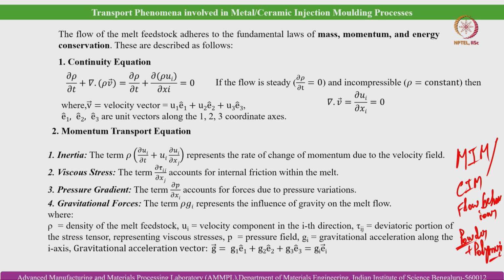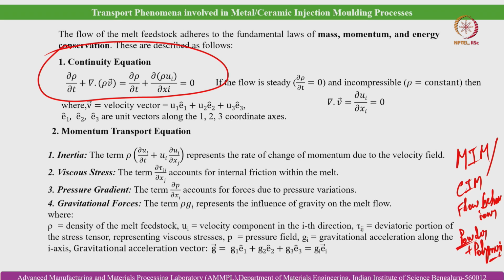We need to start with the continuity equation when there is no mass exchange. The equation takes the following form: ∂ρ/∂t + ∇·(ρv) = ∂ρ/∂t + ∂(ρu)/∂x = 0. If the flow is steady, that means there is no change with time, then ∂ρ/∂t, the variation of density with respect to time, becomes equal to 0.